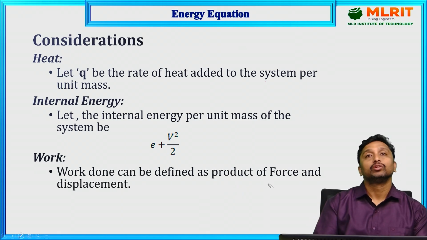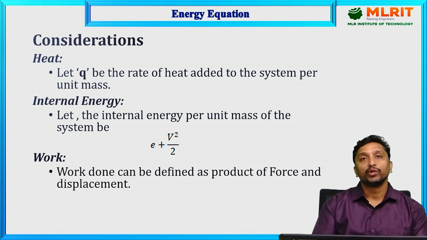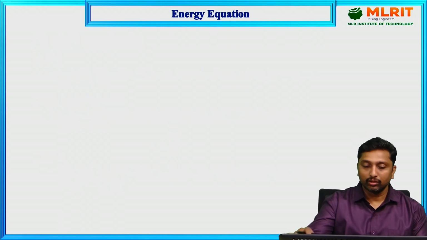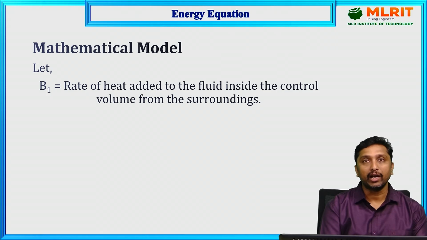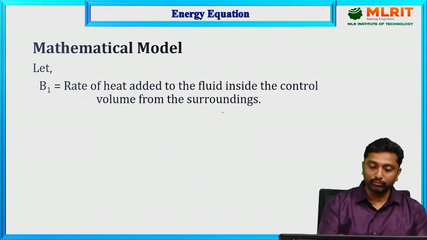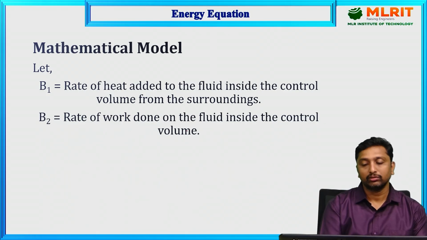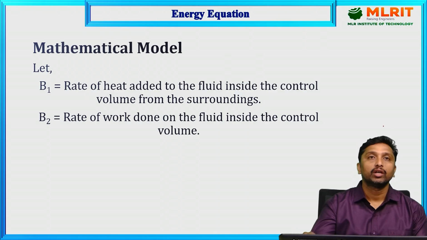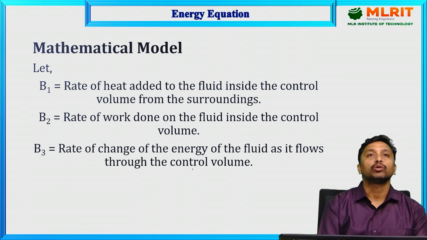So let us move further to the mathematical model. The mathematical model is the basic relation which we are going to employ. Earlier we have seen the first law of thermodynamics, dq plus dw equals du. The same thing we are going to apply for this particular scenario. Let B1 be the rate at which heat is added to the fluid inside the control volume from the surroundings, B2 be the rate of work done on the fluid inside the control volume, and B3 the rate of change of internal energy of the fluid as it flows through the control volume.